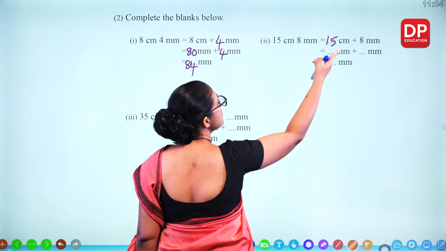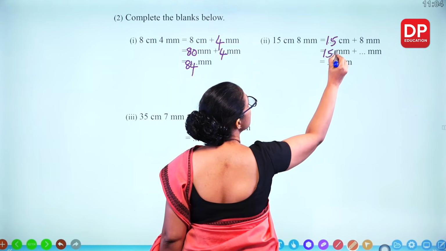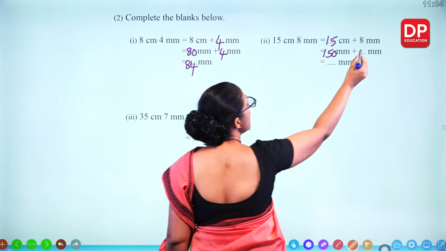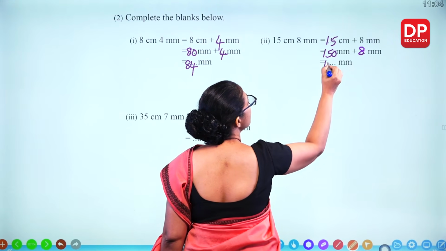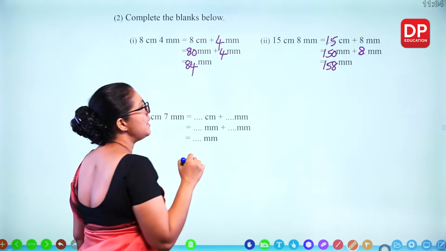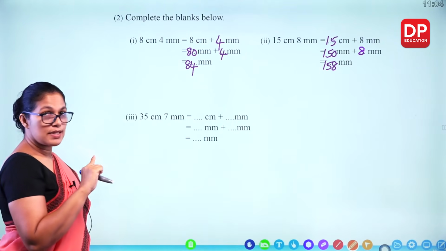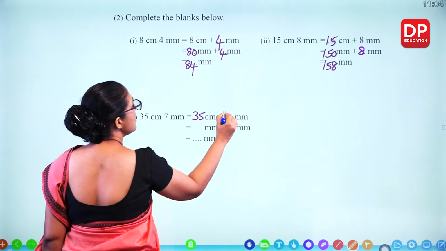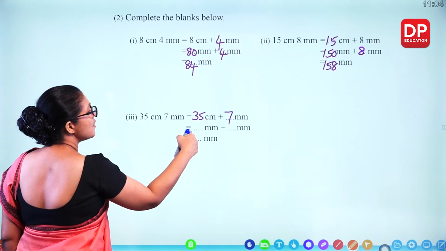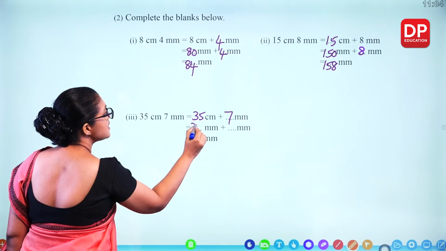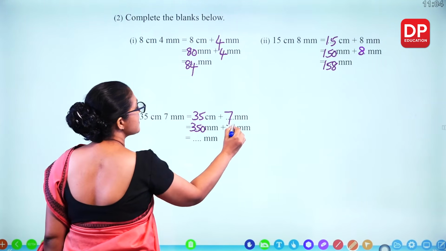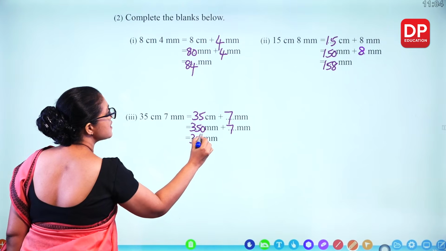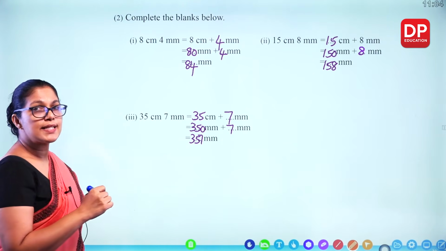So 15 centimeters multiplied by 10, you get 150. 150 plus 8, 158 millimeters. 35 centimeters and 7 millimeters. Convert to millimeters, multiply by 10 and add 7, 357 millimeters.